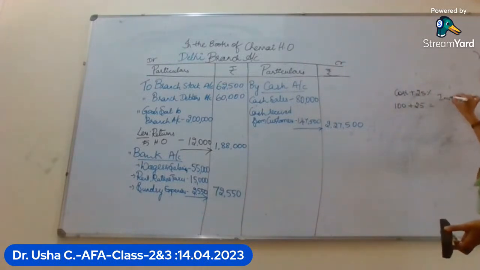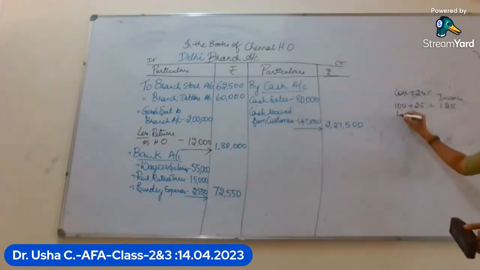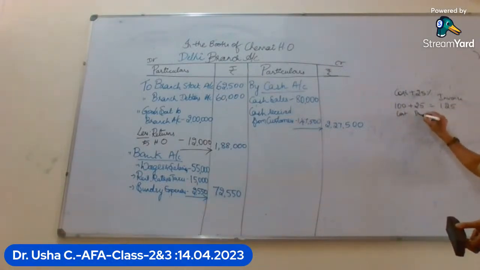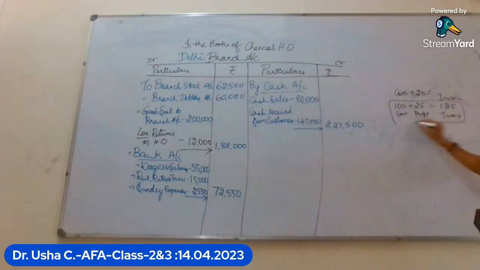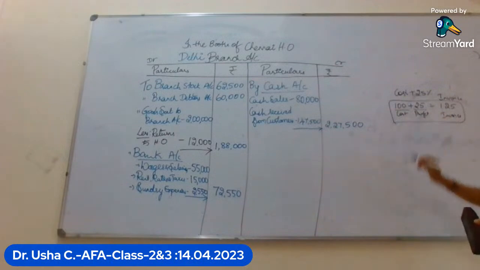So what is the invoice price? 125 rupees, because cost is 100, profit is 25.